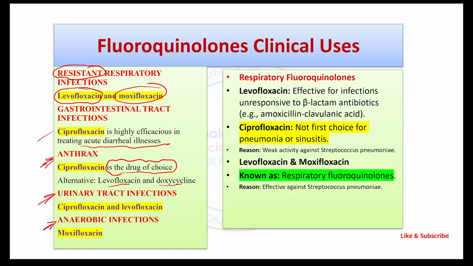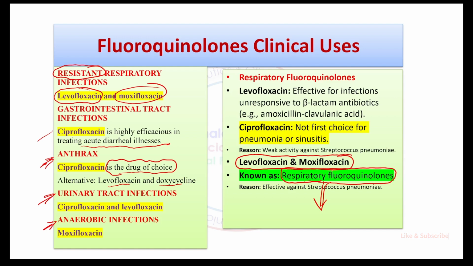Levofloxacin and moxifloxacin are known as respiratory fluoroquinolones. So when you have respiratory infections, and this infection does not respond to traditional treatment such as beta-lactam, penicillin, cephalosporin, this is the alternative here.